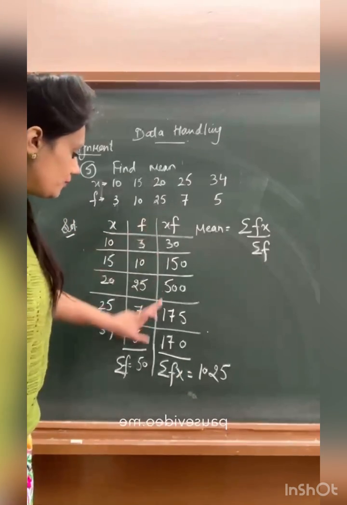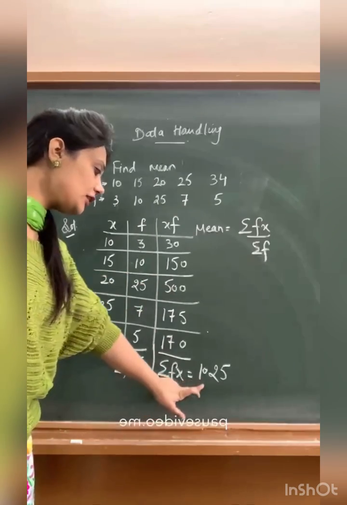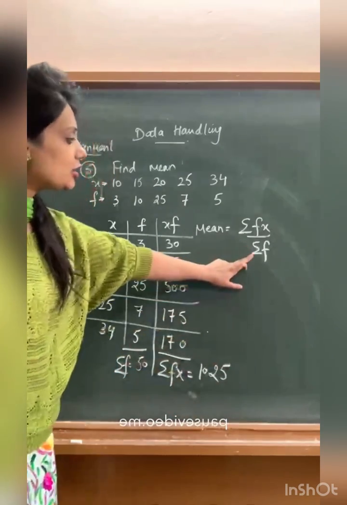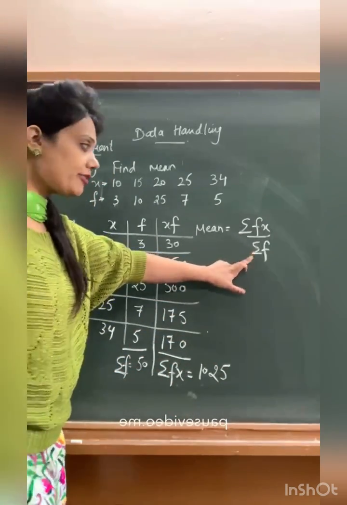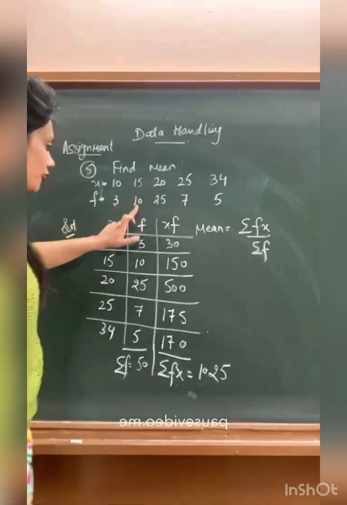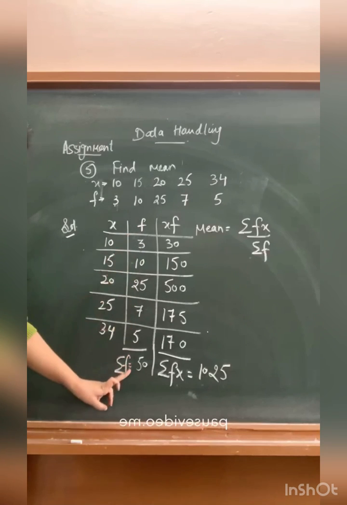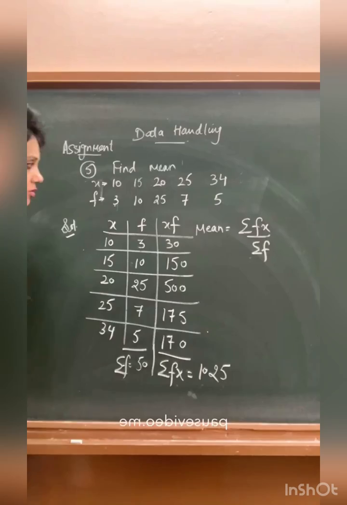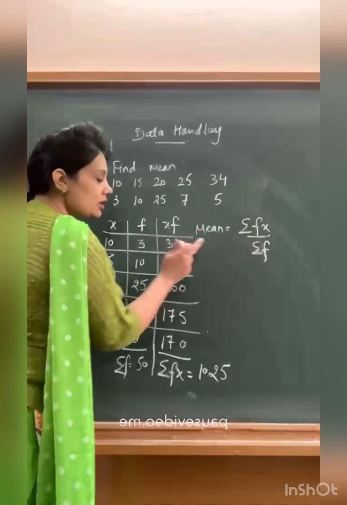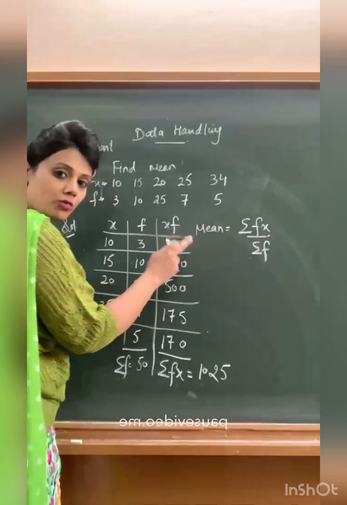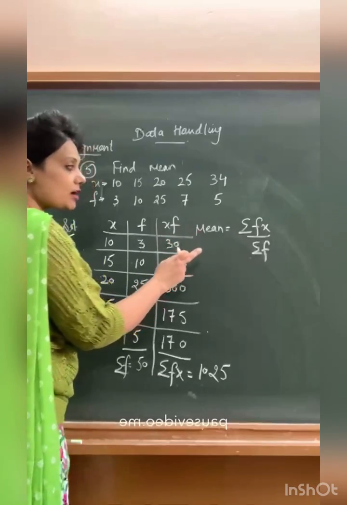So now see, summation of fx is 1025 and in the denominator we have summation of f. Summation of f means sum of the numbers which are in the column of f. So summation f comes out to be 50, right? Now students, for the mean, first of all you have to write the formula. The formula carries 1 mark.